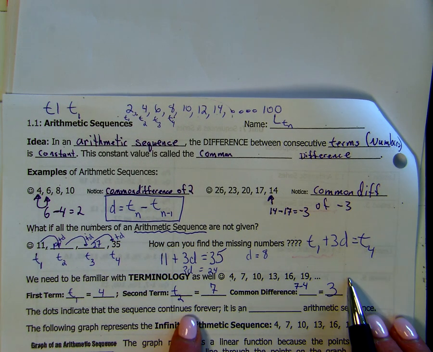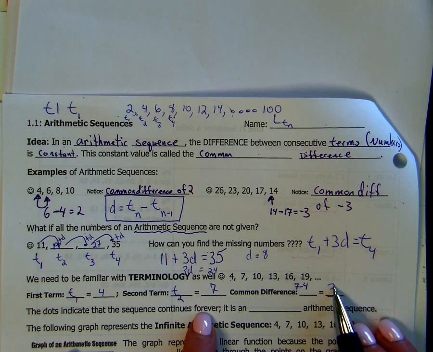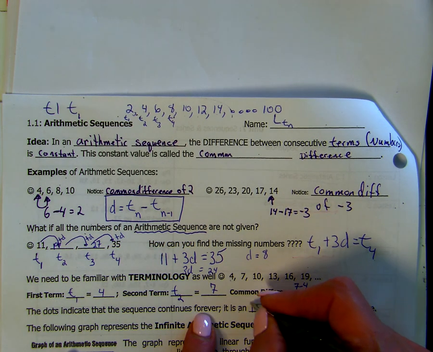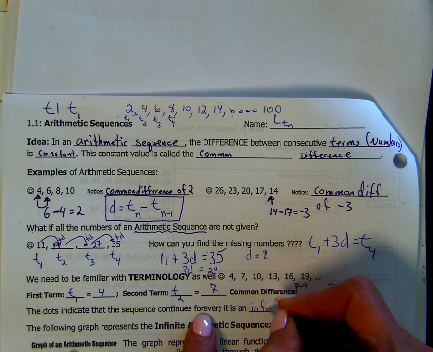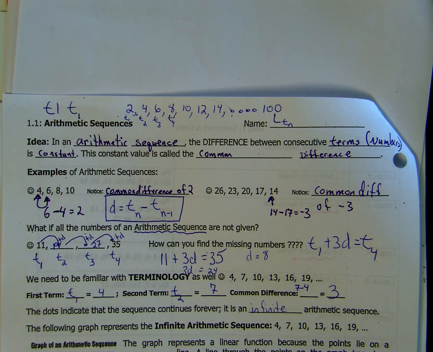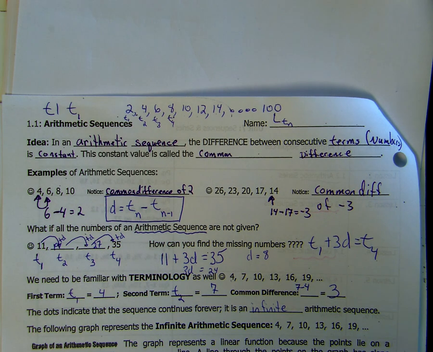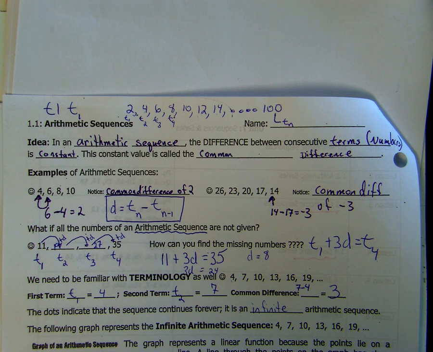If there's a dot, dot, dot at the end of the sequence, that means it just keeps on going forever. We call this an infinite arithmetic sequence. Okay, I've got a little graph here to represent an infinite arithmetic sequence. I'm just graphing the term number.